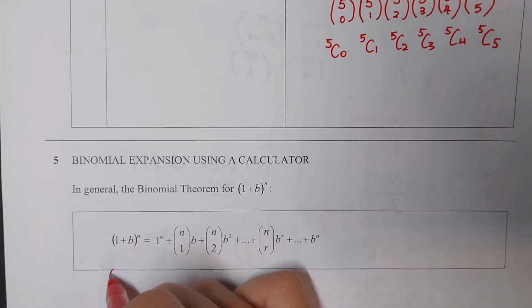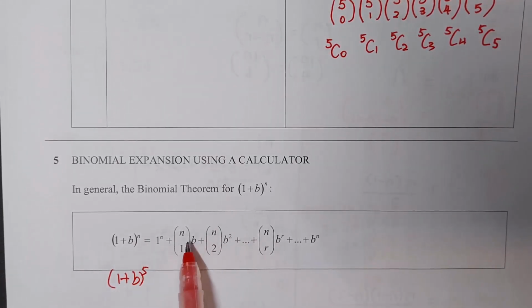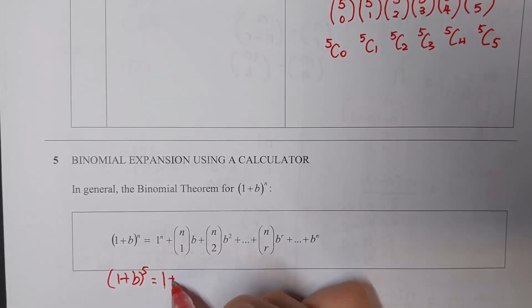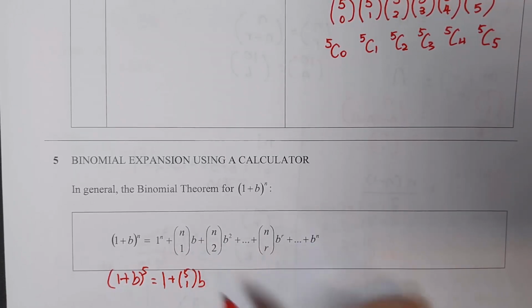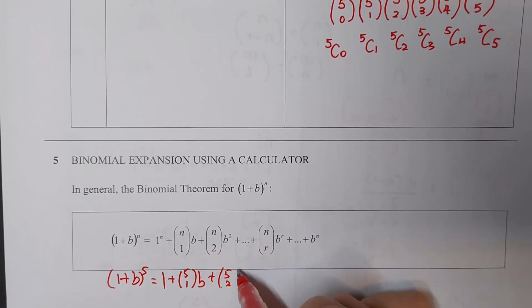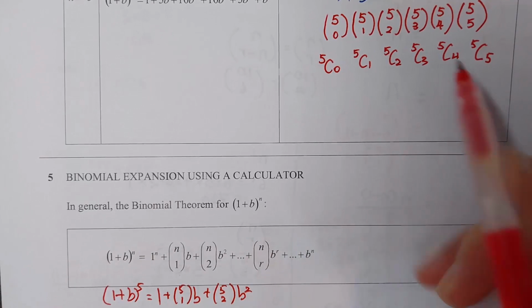Now let us look at (1 + b)^5 to have a better understanding of this. So just now we had 1 plus 5 choose 1 b, right? Then we have 5 choose 2 b squared, okay, from here.